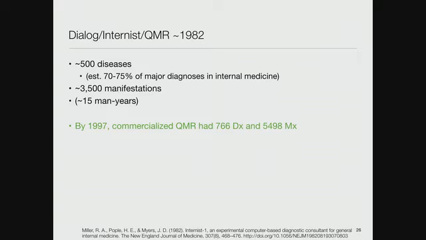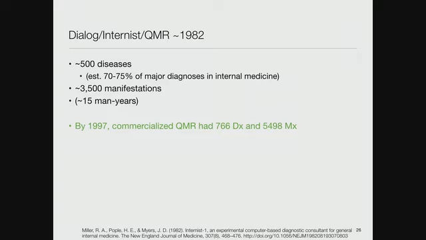So there was a program developed originally in the early 1970s called Dialogue, and then they got sued because somebody owned that name, and then they called it Internist, and they got sued because somebody owned that name, and then they called it QMR, which stands for Quick Medical Reference, and nobody owned that name.